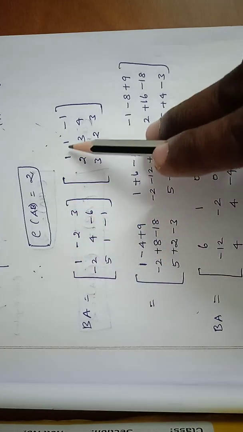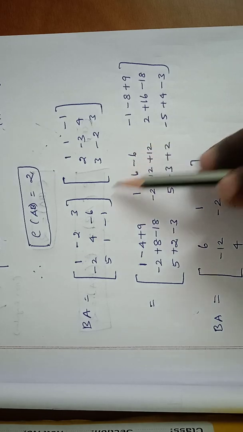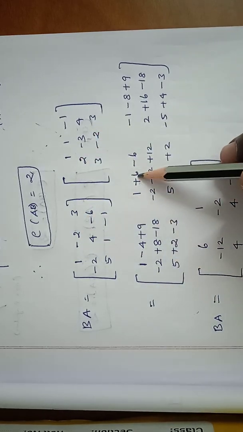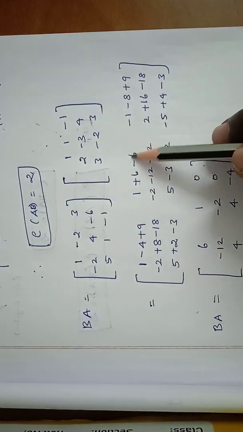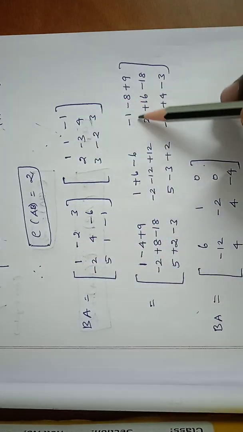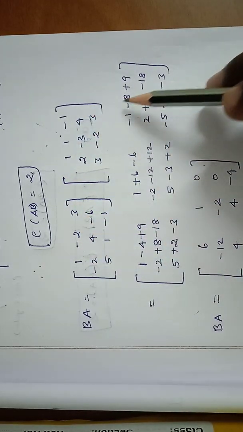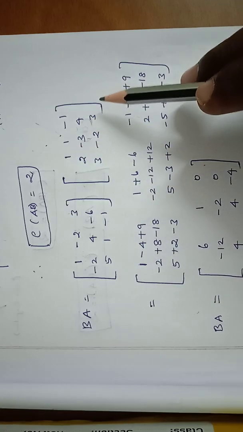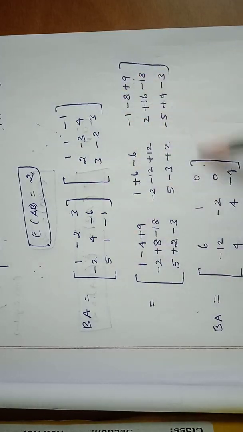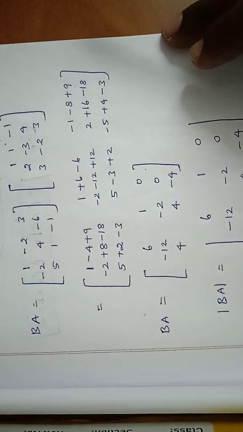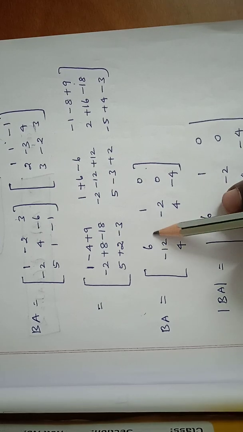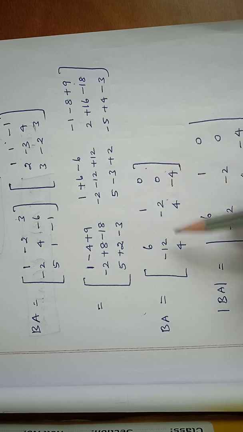So 1 into 1, and second value is minus 2 into minus 3 is plus 6, and 3 into minus 2 is minus 6. Again 1 into minus 1 is minus 1, minus 2 into 4 is minus 8, 3 into 3 is 9. Proceed in the similar manner. So the BA value is 6, 1, 0, minus 12, minus 2, 0, 4, 4, minus 4.